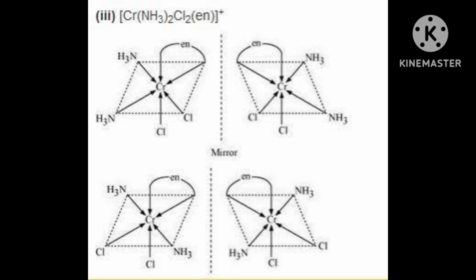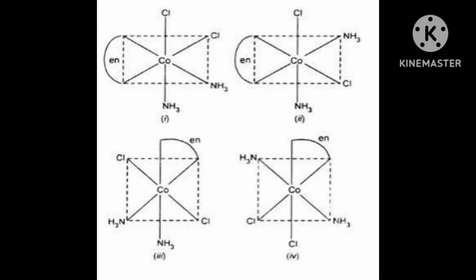Now what will happen: I am talking about one isomer, meaning a mirror image. These 3 en will be in 3 directions, arranged roughly with equal angles.